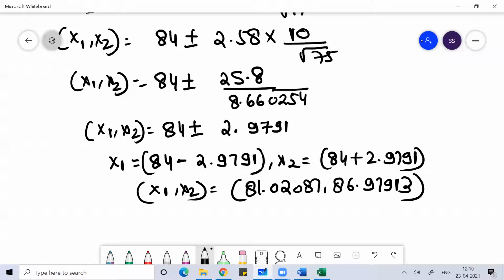What is your sample mean here? Your sample mean is 81.5. I hope you're understanding.